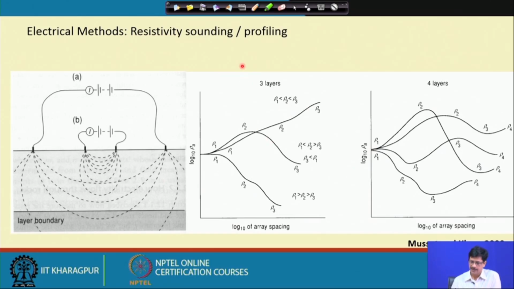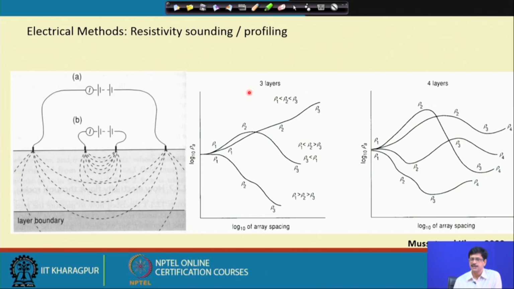And here also, just for the sake of understanding, we know that what we are measuring is the apparent resistivity, since it is a heterogeneous material consisting of different types of mineral grains in a rock matrix or water, and sometimes even the water will be of different salinity, which will vary in electrical conductivity, and that is how the resistivity changes.